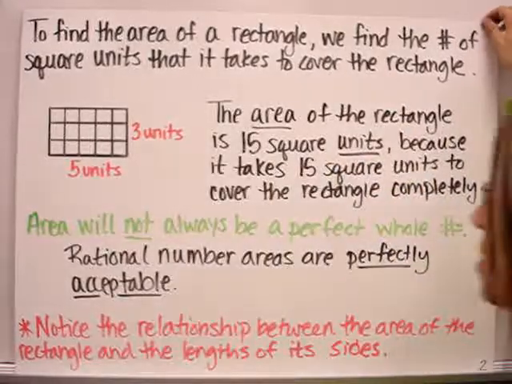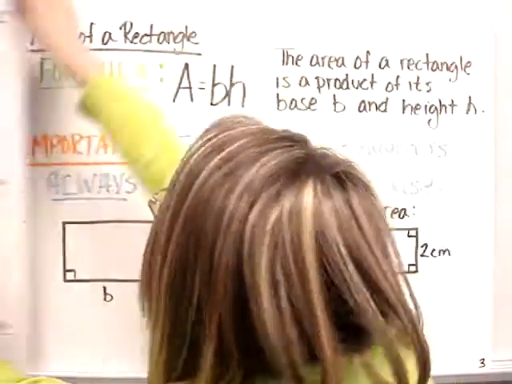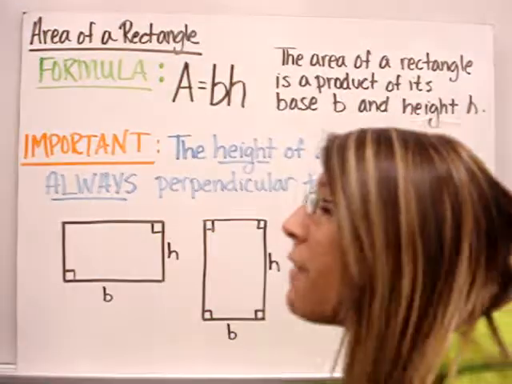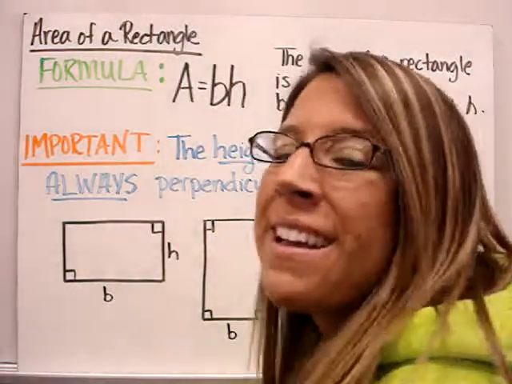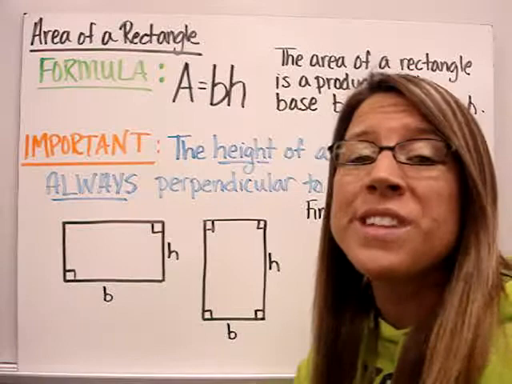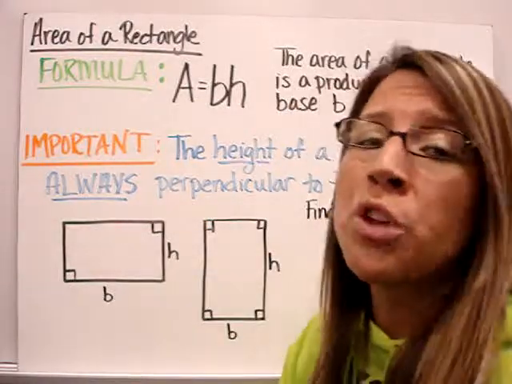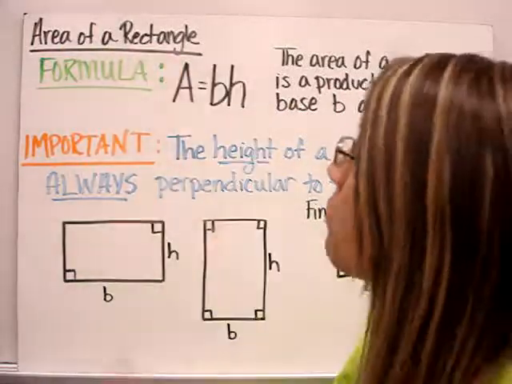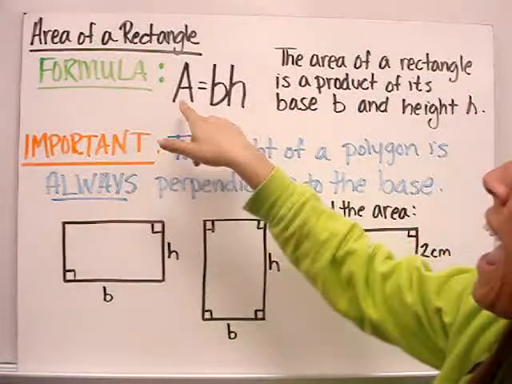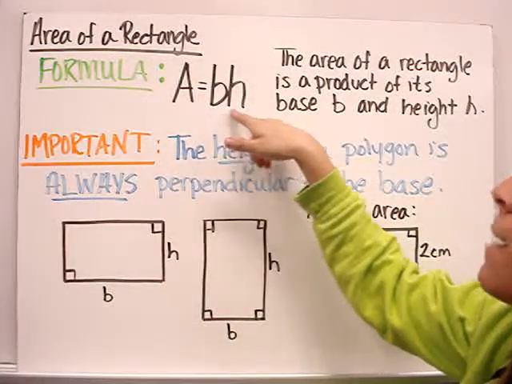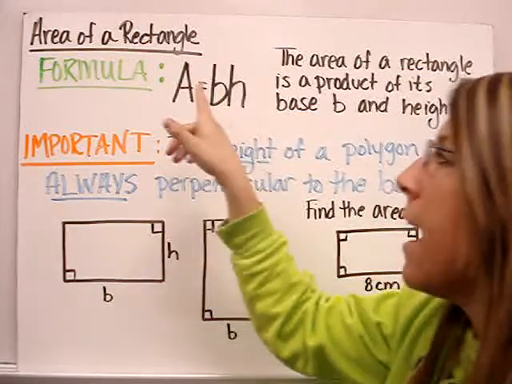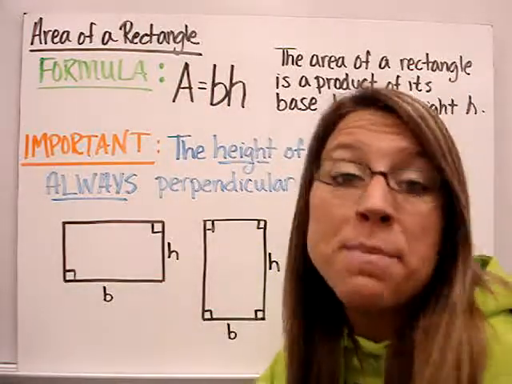That leads us to our formula. And you are going to have quite a few formulas for finding area of different shapes, but if you understand the concept, these formulas build off of one another. So the area of the rectangle is going to be A equals B times H, and these are both lowercase, and this is capitalized. Please keep it that way.